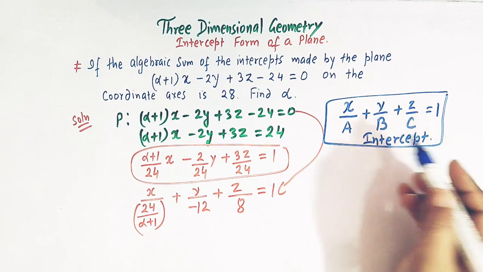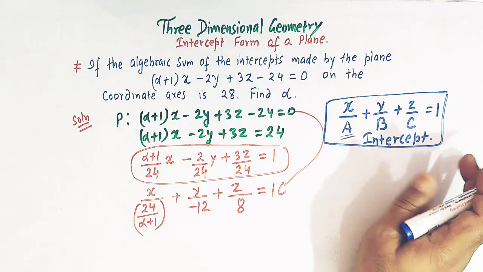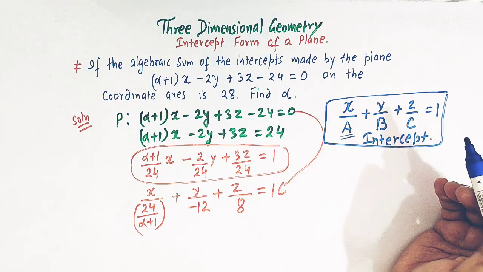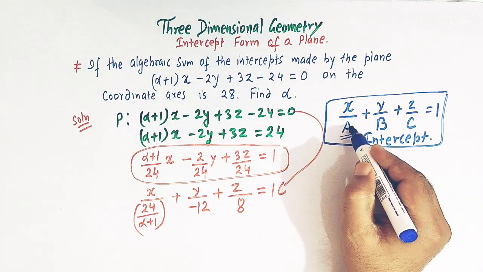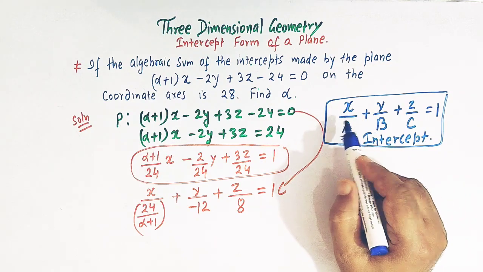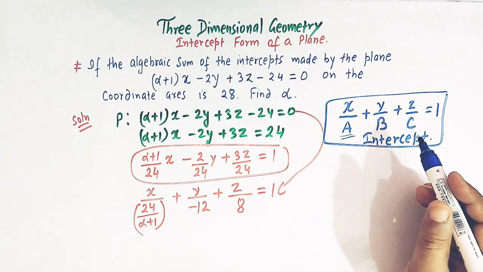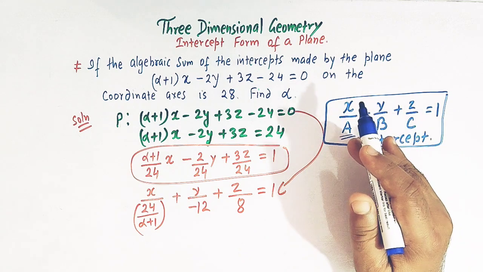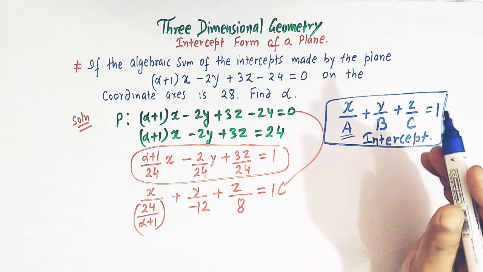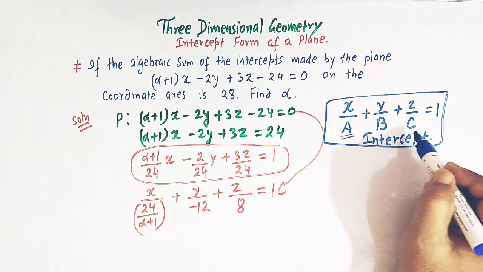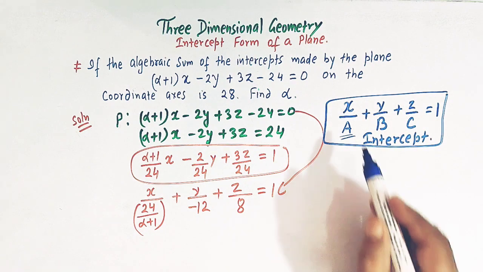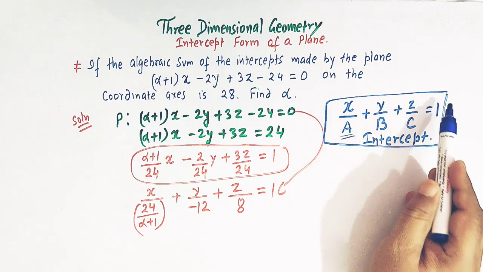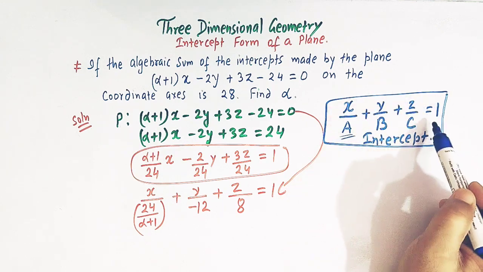And the terms a, b and c represent the length of the intercept made by the plane on the coordinate axes. So a represents the length of the intercept made by this plane on the x-axis, and similarly b represents the length of the intercept on the y-axis, and c is the length of the intercept on the z-axis. So a, b, c represent the length of the intercepts made by a plane whose equation is expressed like this on the coordinate axes.